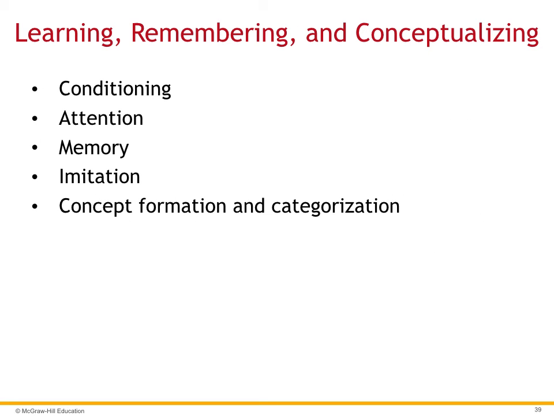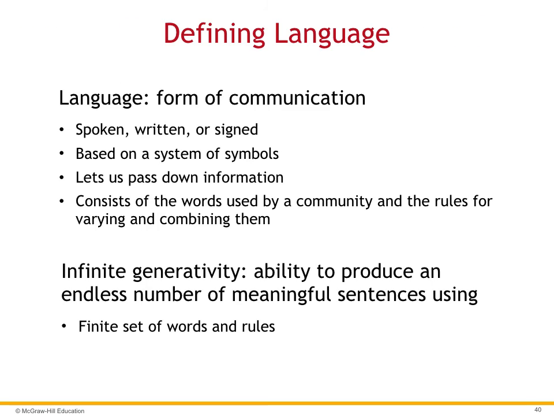When we are looking at learning, remembering, and conceptualizing, there are some different things that you need to understand, especially in an infant's life. Language is so important. And language is not just simply spoken or listened to. It, of course, can be spoken or it can be written. It can be signed through the hands or other ways.